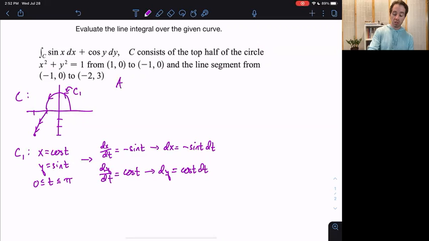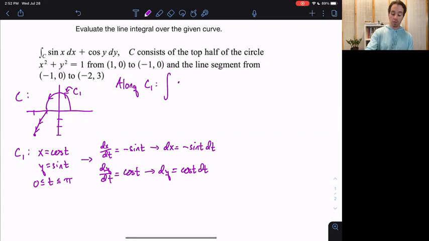So along C1, we're going to have the integral of sine of x. So think about what this means. Sine of x, that's sine of cosine of t, right?